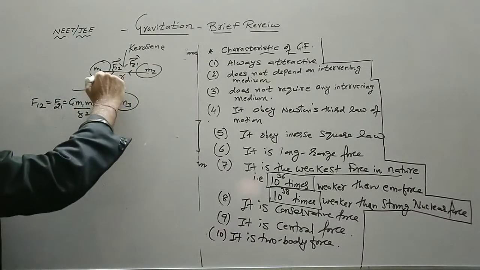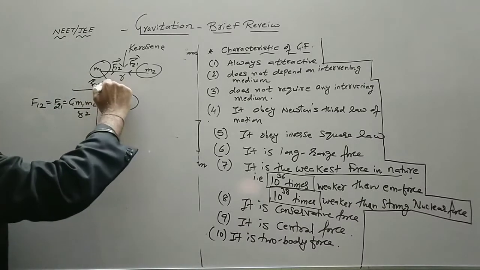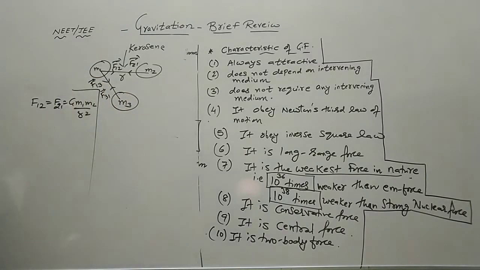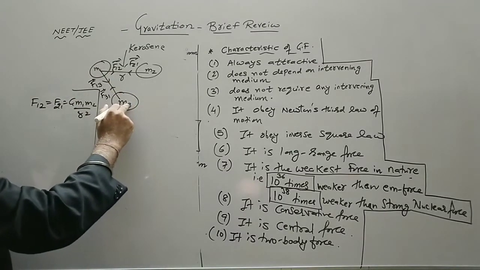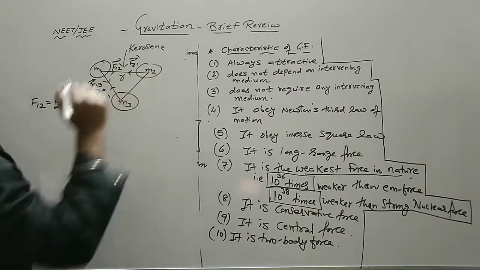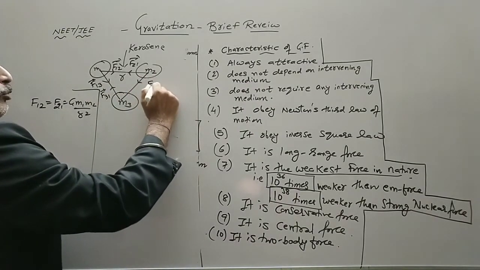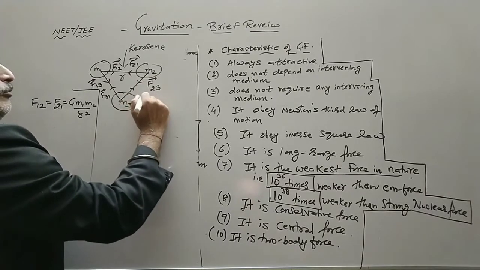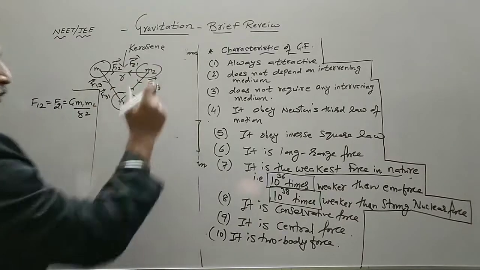Again, there will be a force of attraction, that is the force acting on 1 due to 3, and the force acting on 3 due to 1. So again there will be a force of attraction between 1 and 3, but this M3 will not disturb M1 and M2, and again there will be a force of attraction between 2 and 3. So the force on 2 due to 3, and the force on 3 due to 2.